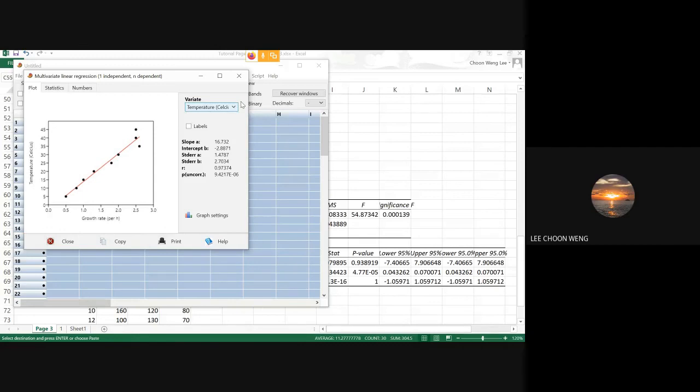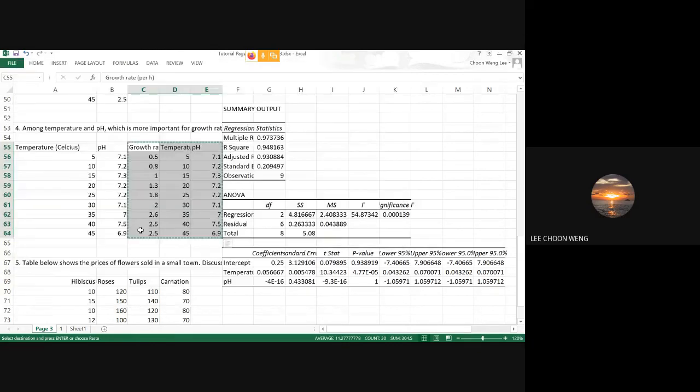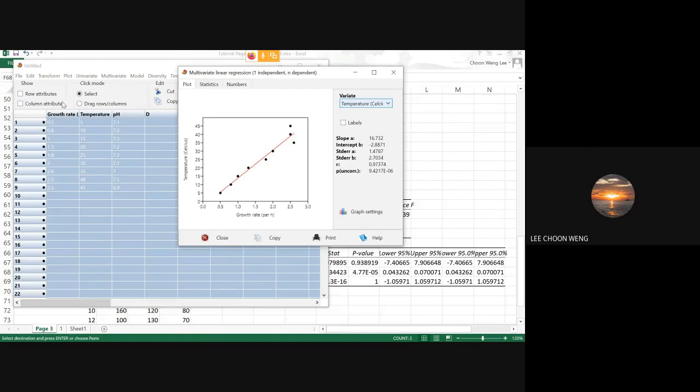So you can see basically how the columns where you enter your data are different from what you observe in Excel. For Excel, your Y is at the back, your two X's are in front. So you get to test your temperature and pH against your growth rate. But for PAST, your Y is in front and the two X's at the back. So your dependent is here, your independents are here.